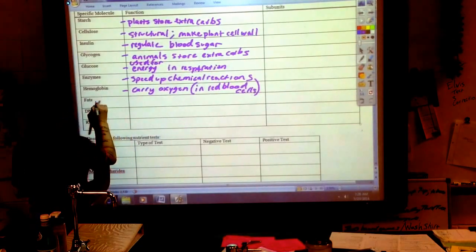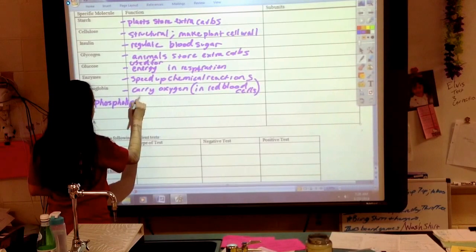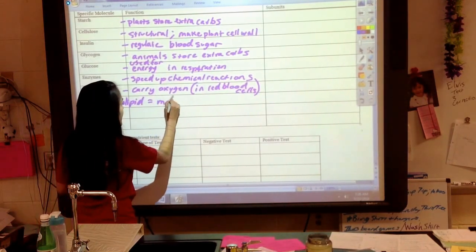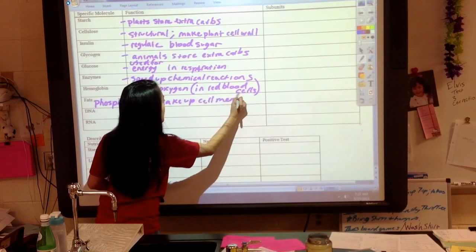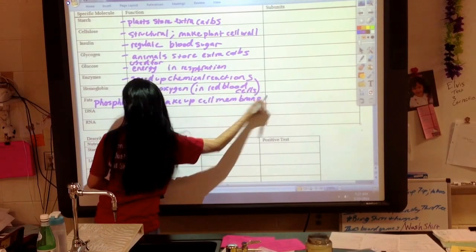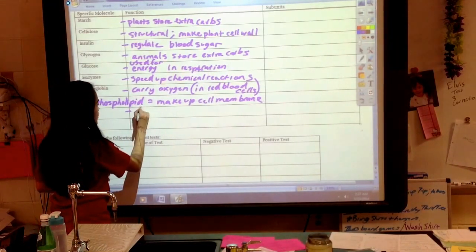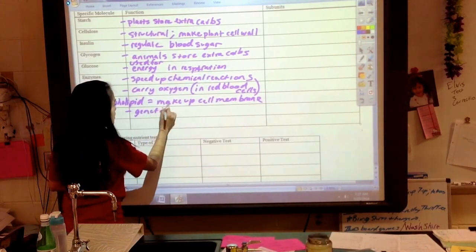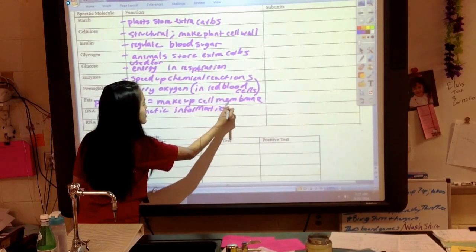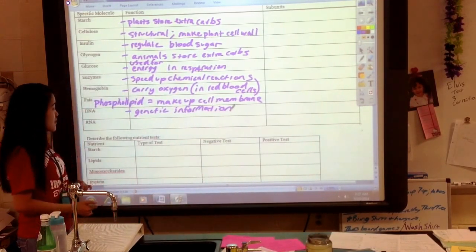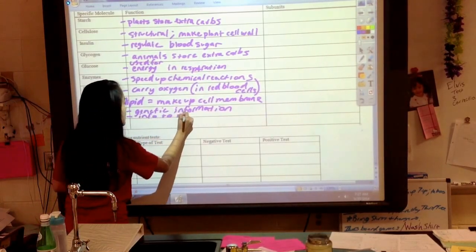Important fat is actually going to be a phospholipid, which is going to make up the cell membrane. You'll have DNA, which has all of your genetic information. It's going to be stored in the nucleus and tell your cell what proteins to make. So info to make proteins as well.